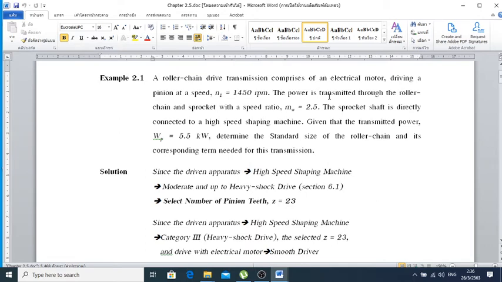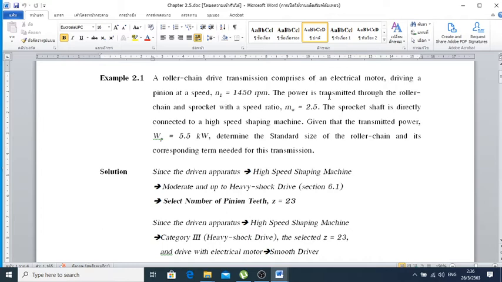Okay, the problem statement says this: a roller chain drive transmission comprises an electrical motor driving at a speed N1 of 1450 RPM. The power is transmitted to the roller chain and sprocket with a speed ratio m sub w equal to 2.5. The sprocket shaft is directly connected to a high-speed shaping machine.